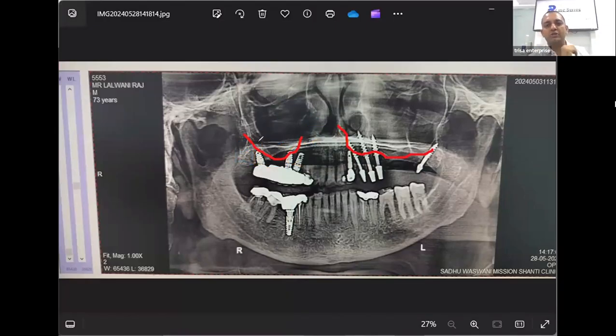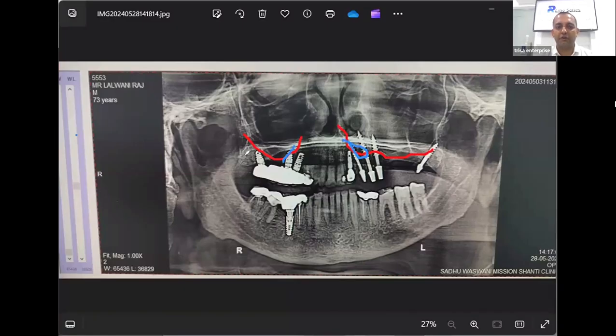If you understood this, with this one simple thing you will know whether your case requires a zygoma or doesn't require a zygoma. If your zone A extends till the second premolar, you never require a zygomatic implant.